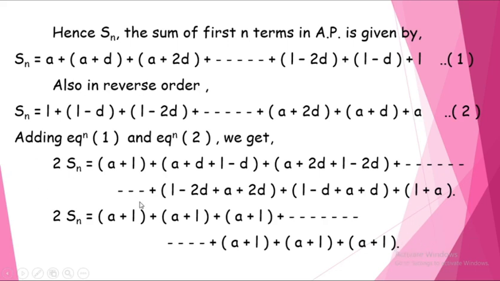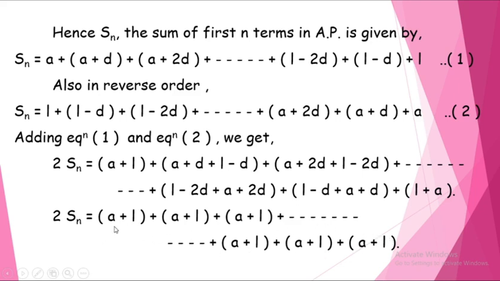But we know that there are total n terms in this equation number 1. In equation number 2 there are also n terms, and we have to take term by term addition. Therefore all these A plus L terms will be there n times.